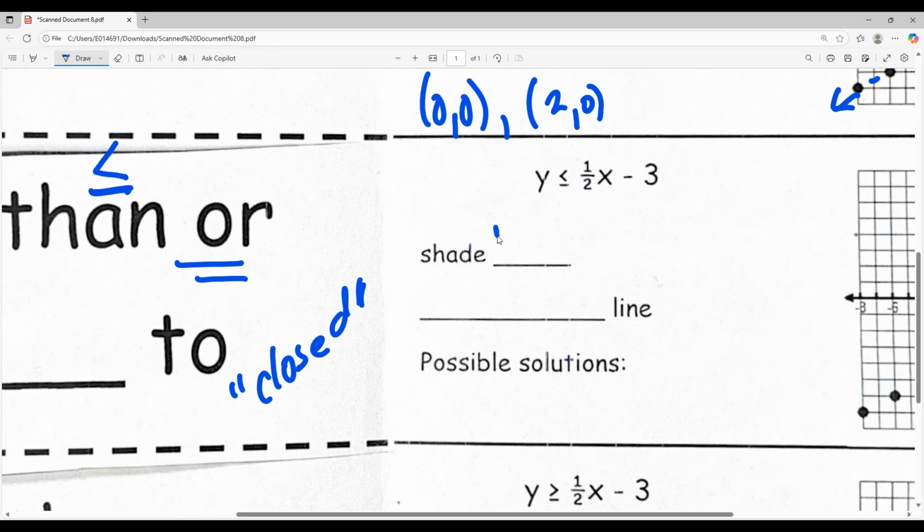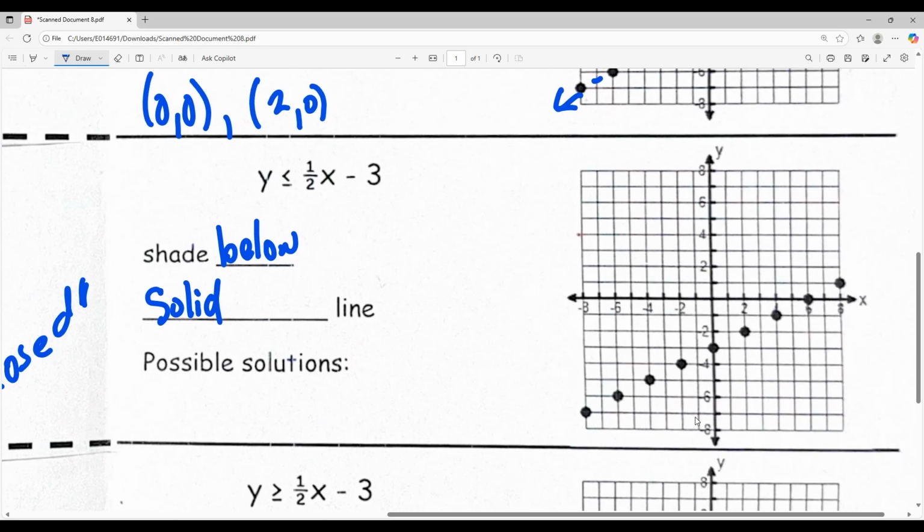Since we're less than, we're still like before going to shade below because less than still means the same. But because we're equal to, we're going to have a solid line. So now when I draw my line, I'm going to go ahead and connect my dots.